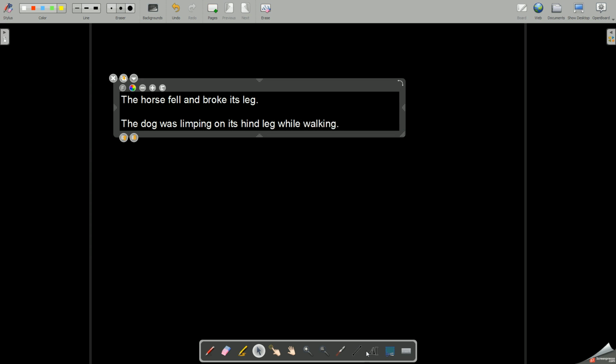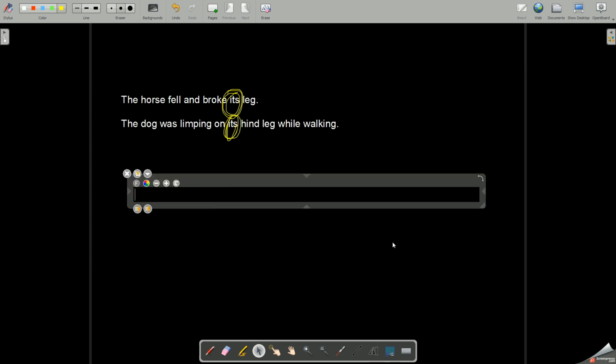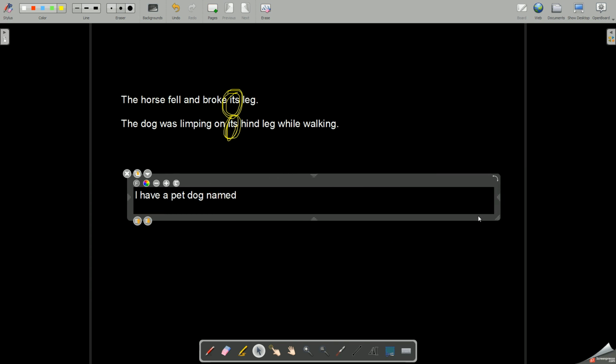So over here you can see that we have used the pronoun it to refer to animals also, until and unless you specifically want to use a gender, like I have a pet dog named Rufus.